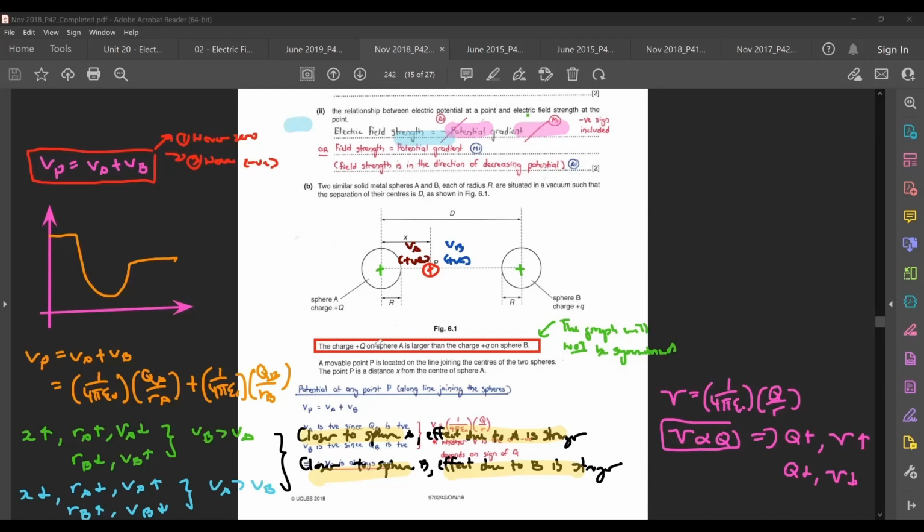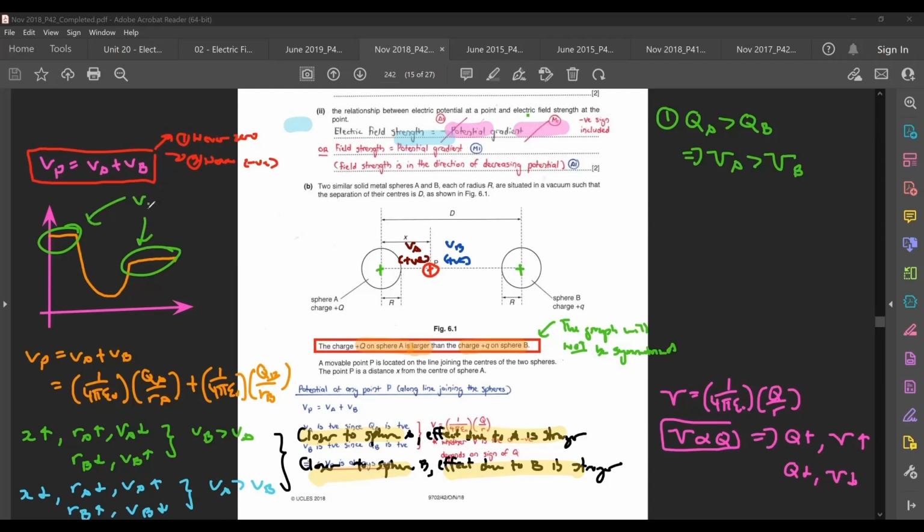You see, the charge on sphere A is larger than the charge on sphere B. This one would already kind of tell me this. Because QA is larger than QB, the potential due to A will be larger than the potential due to B. Okay, that's why here you see that this line is higher than this line.